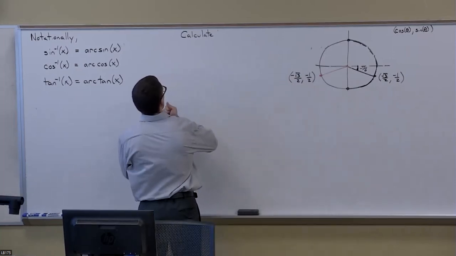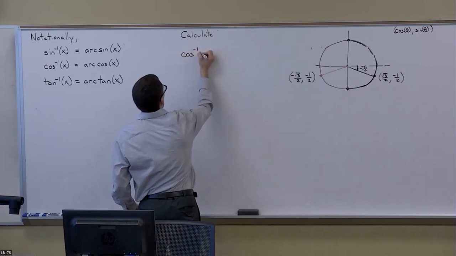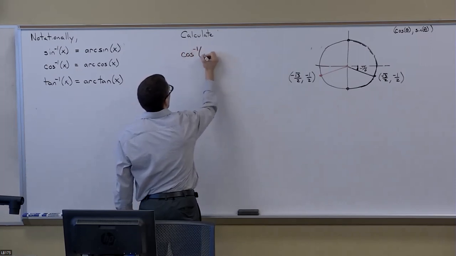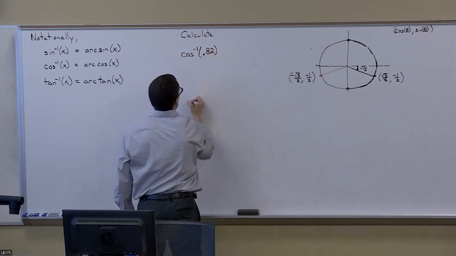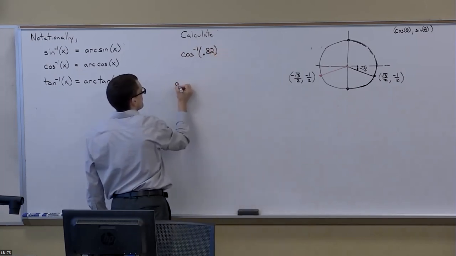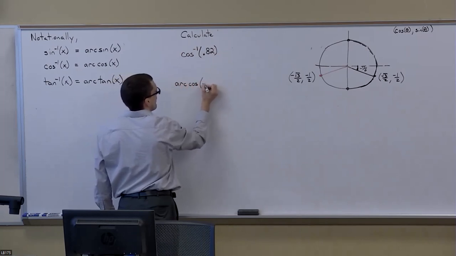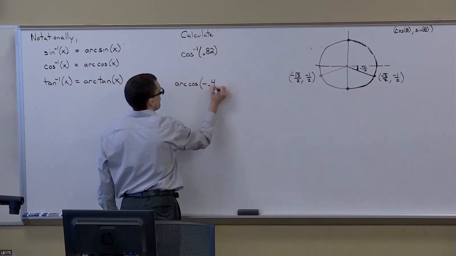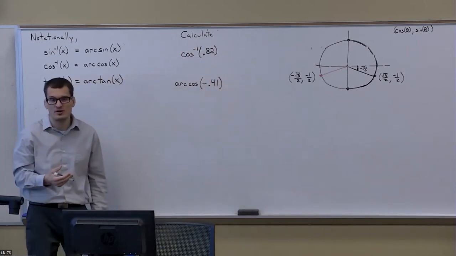So if we said, let's calculate, for instance, inverse cosine of 0.82, or the arc cosine of -0.41, we're just going to type that into our calculator.